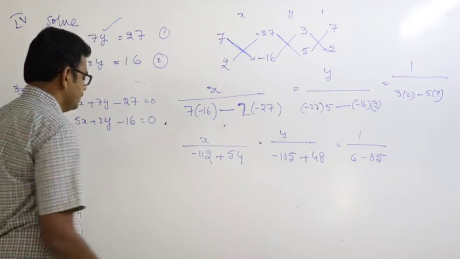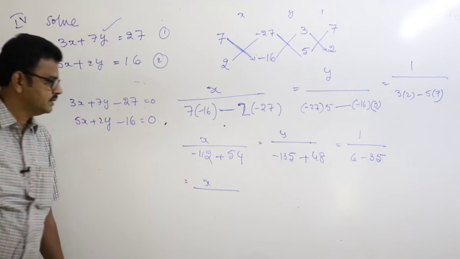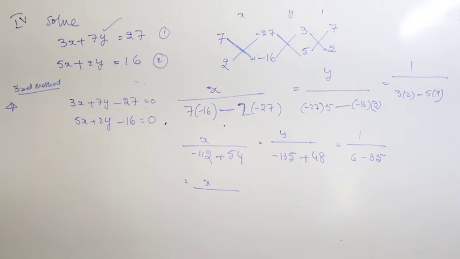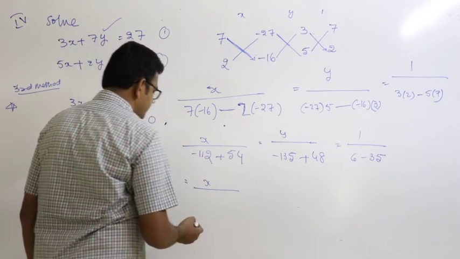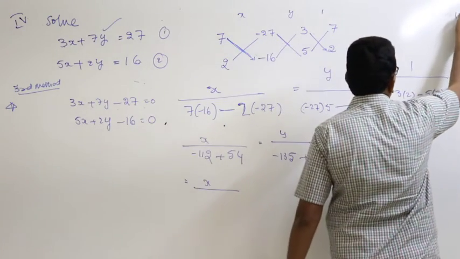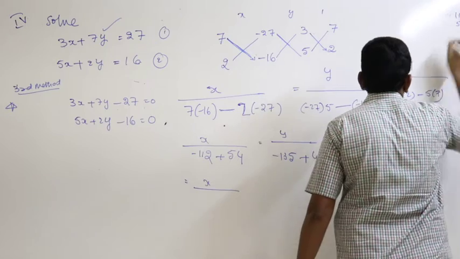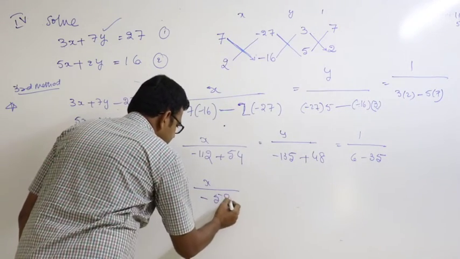So x by 112 minus 54, by subtracting, that is 58, so this is minus 58.